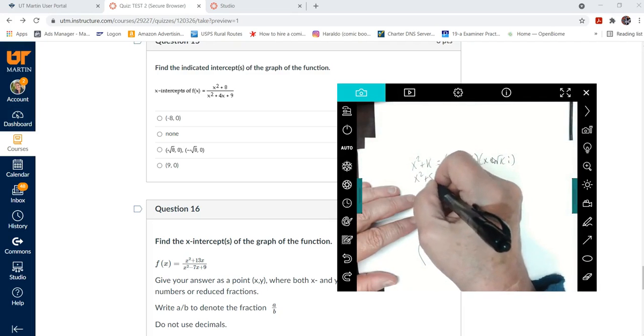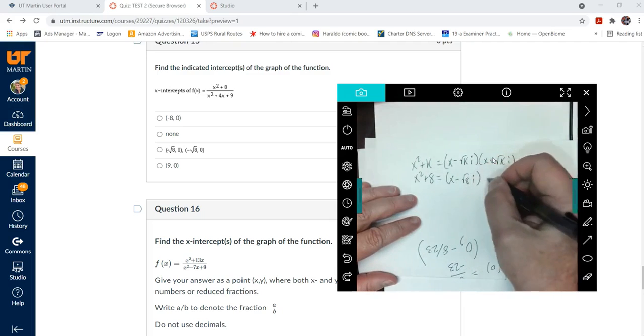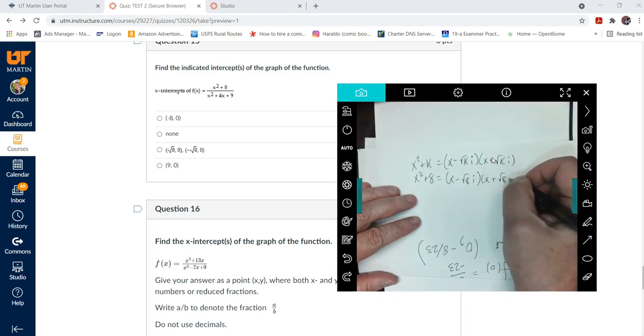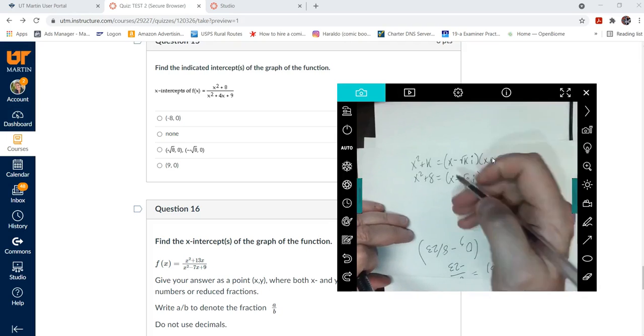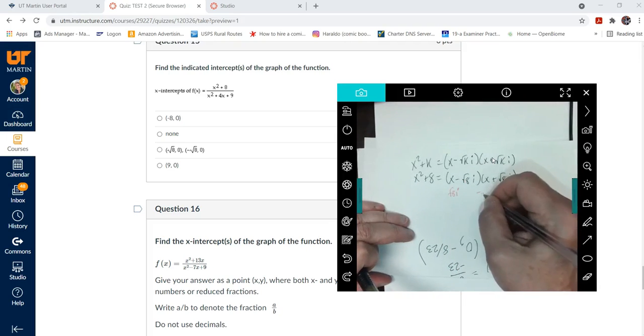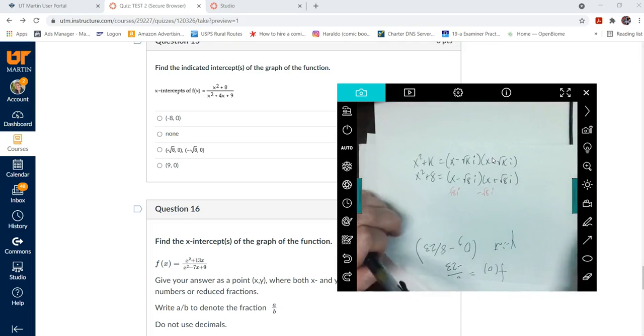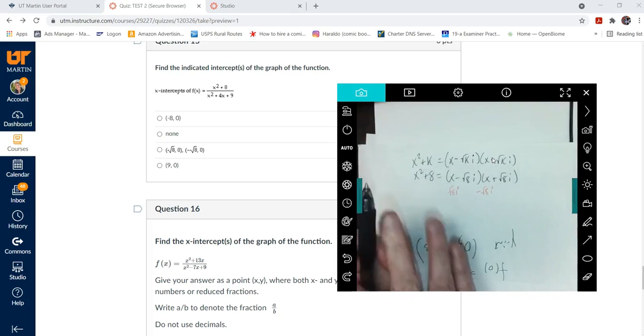So x squared plus 8 does factor, but we can see that the zeros are the square root of 8i and the negative of the square root of 8i. These are not real, so there are no x-intercepts.